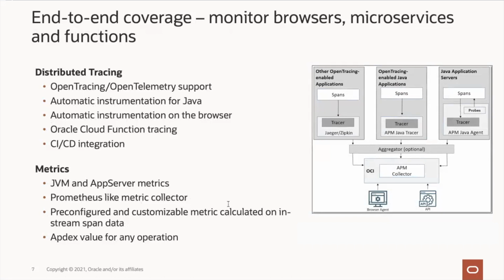You can also use an open source agent like Jaeger or Zipkin, reconfigure it and send the trace data to our collectors, or use a metric API to send the metric data about the health and performance of the application infrastructure that's involved. This helps in distributed tracing and creating metrics using the collectors.